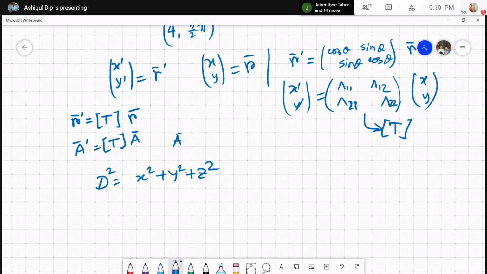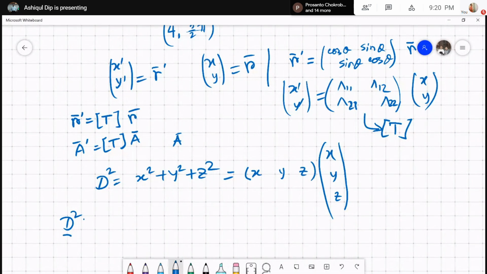We can think of it as a product between two position vectors, x, y, z and x, y, z. So in that sense, our d squared becomes an object that takes two vectors and produces some number. That number is your d squared.